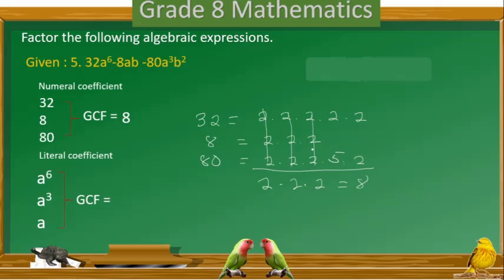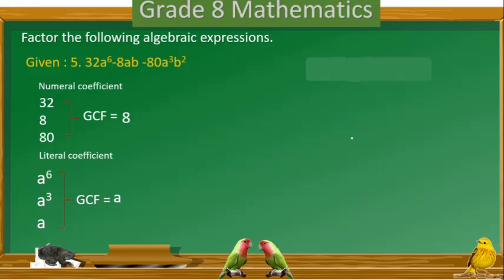Then for our literal coefficient, we have a. Okay. So after that, we're going to make that one our GCF or divisor of our given expression to get the whole factored form. Okay, we have this one.